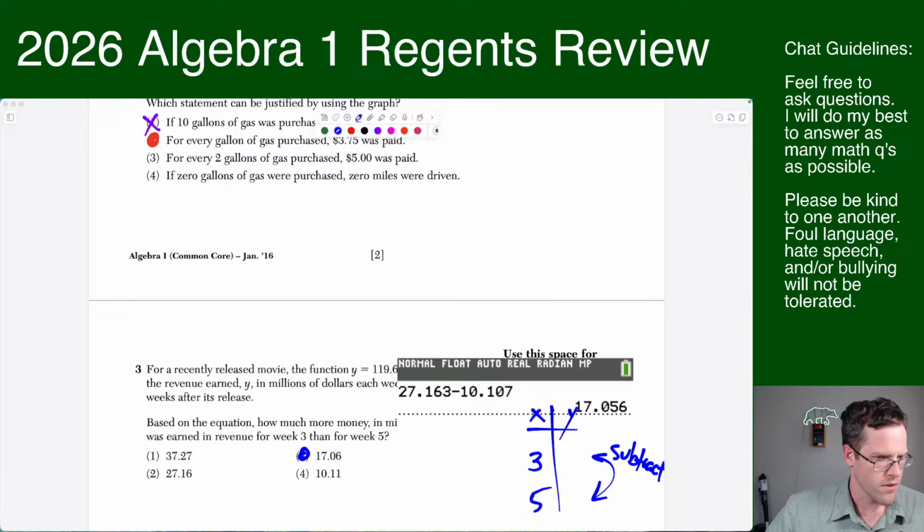If you're wanting to see the recent regions, since that seems to be the buzz right now, I will share the playlist where I have going all the way back to 2021. Whatever Algebra 1 regions you would like to see. So hang on, let me just throw this in the chat. Here, there it is. Okay, there's a playlist.